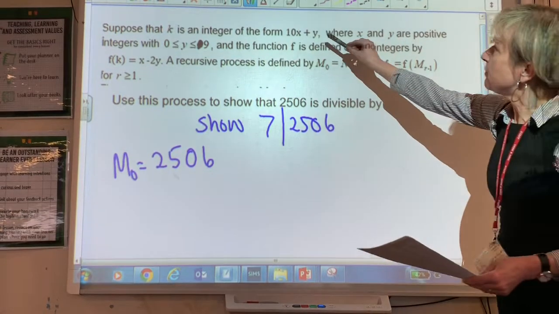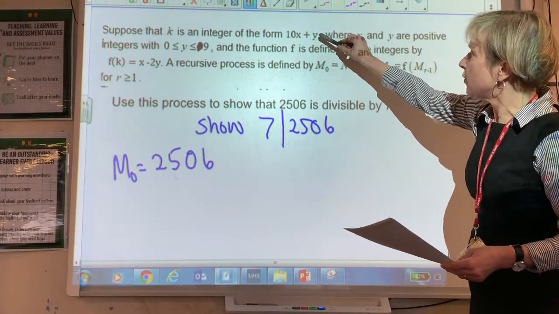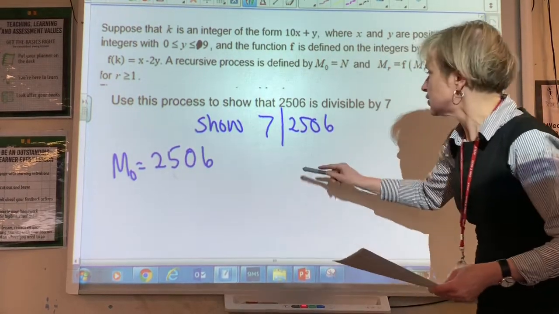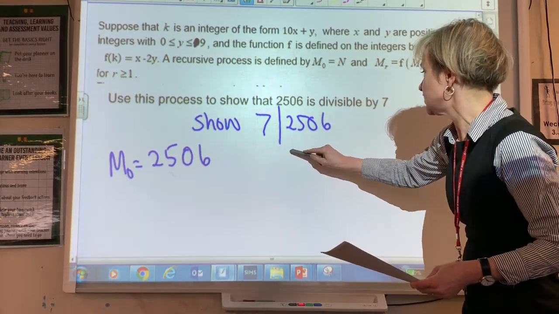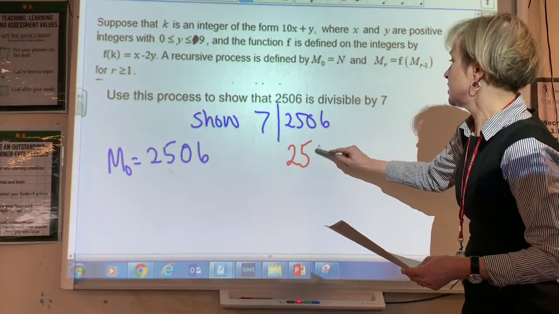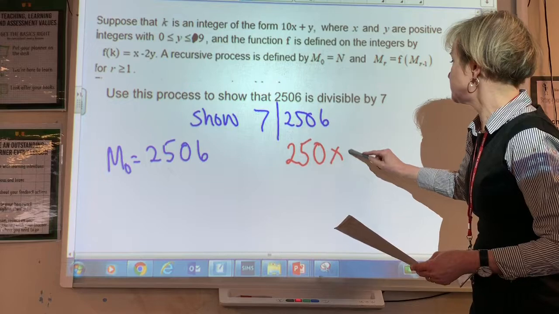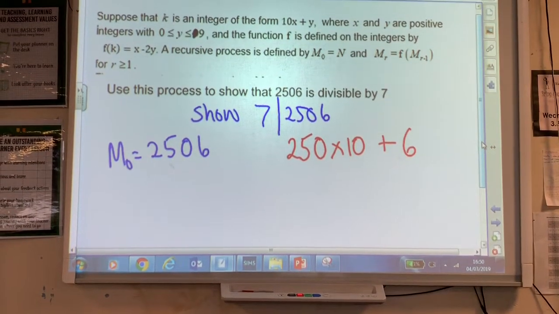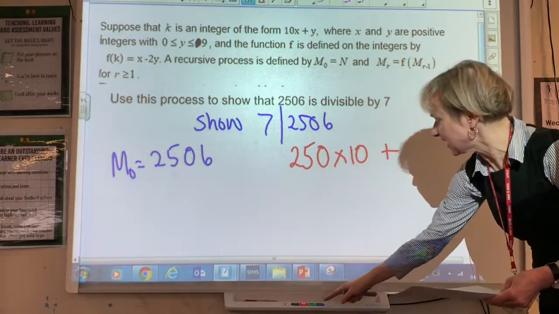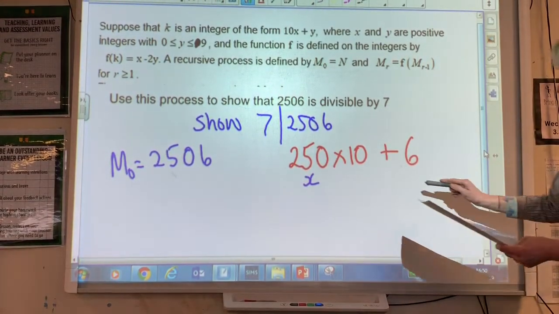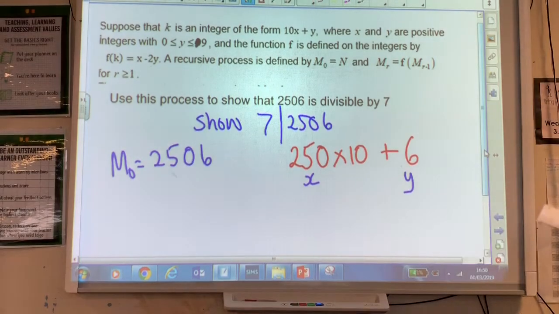It wants you to break this number up in the form of 10 times a number plus another number. So I know that 2506 is 250 times 10 plus 6. I've written it in the form 10x plus y, so x is 250 and y is 6.